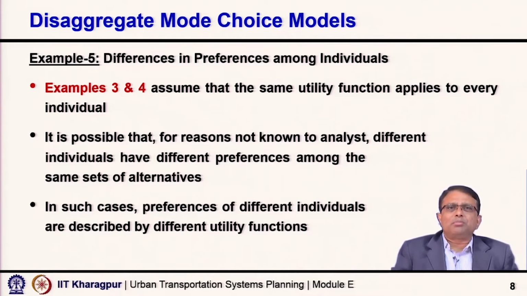In such cases, the preferences of different individuals are actually described by different utility functions, but we are using the same utility function. So, naturally my modeled outcome and the real behavior may not always match.